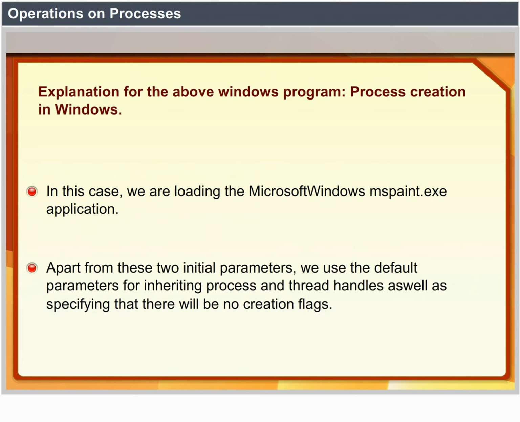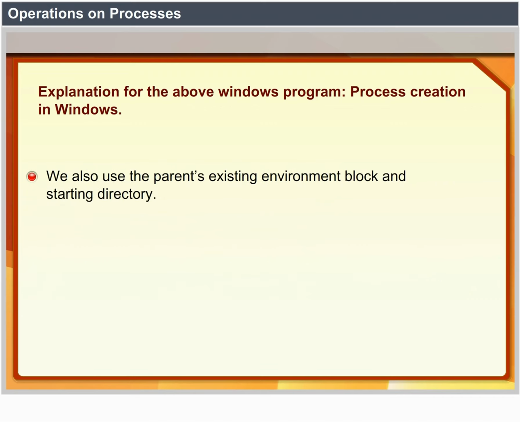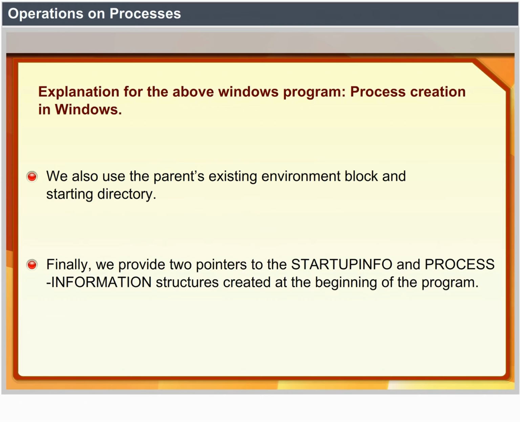Beyond these two initial parameters, we use the default parameters for inheriting process and thread handles, as well as specifying that there will be no creation flags. We also use the parent's existing environment block and starting directory. Last, we provide two pointers to the startup info and process information structures created at the beginning of the program.